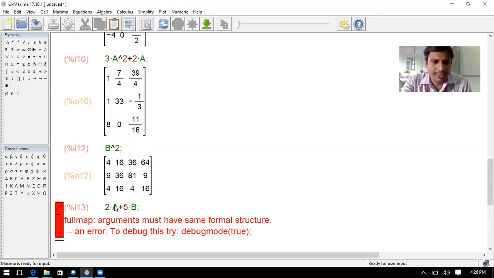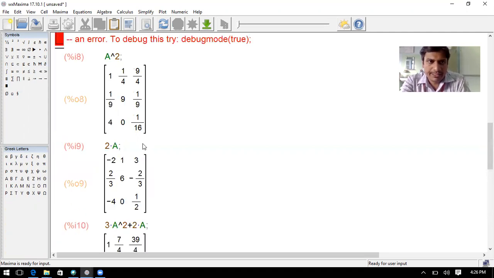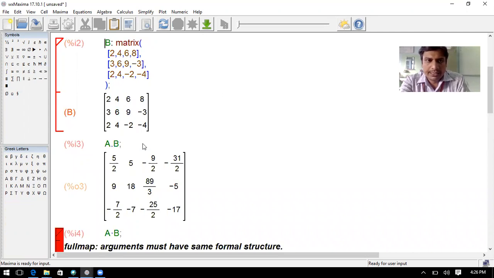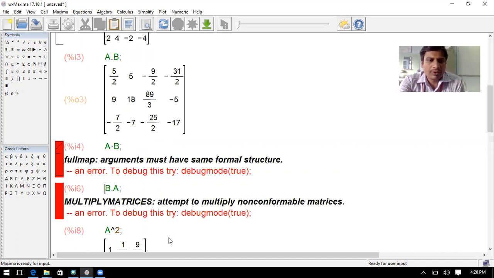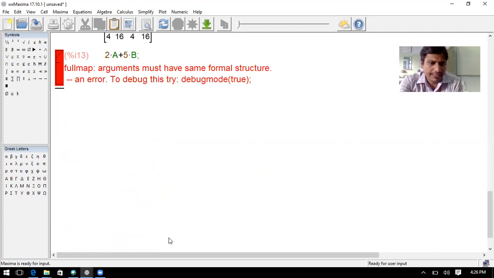Why? Because the A matrix is 3 rows and 3 columns, and the B matrix is 3 rows and 4 columns. That's why see here, the error says arguments must have the same structure. The first is 3 rows 3 columns and the other matrix is 3 rows 4 columns. That's why the error came.